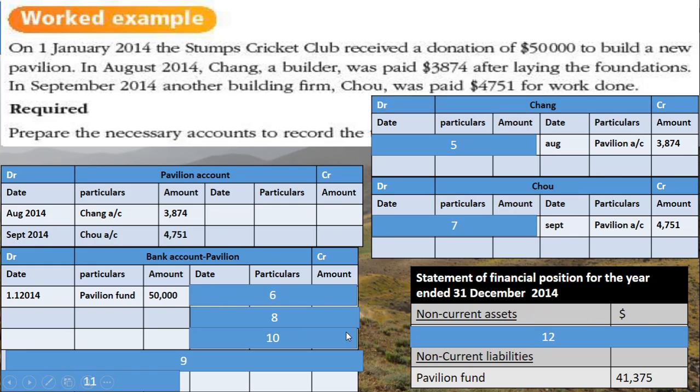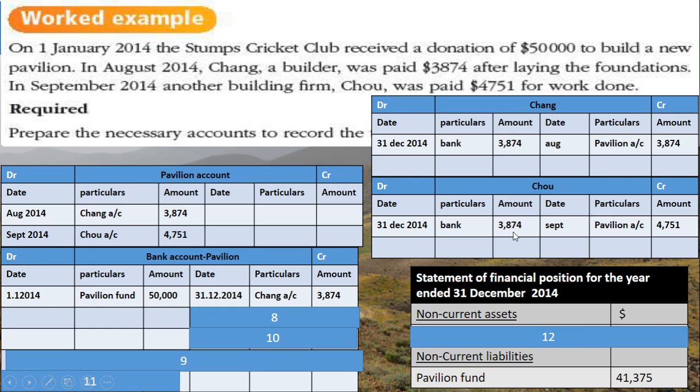Now at the end of the year we are going to make payment to Chang and Chow. Chang is supposed to be 3,874. To make payment you write bank here. So Chang on the bank credit is paid. When you pay out here, the bank balance is going to be reduced by the same amount, 3,874. You write Chang. The same way we make payment to Chow, 3,874.